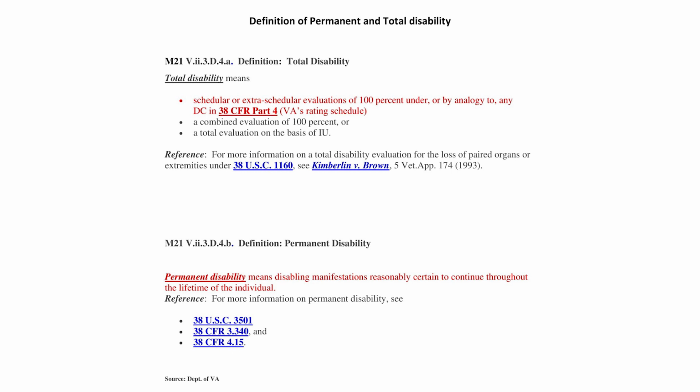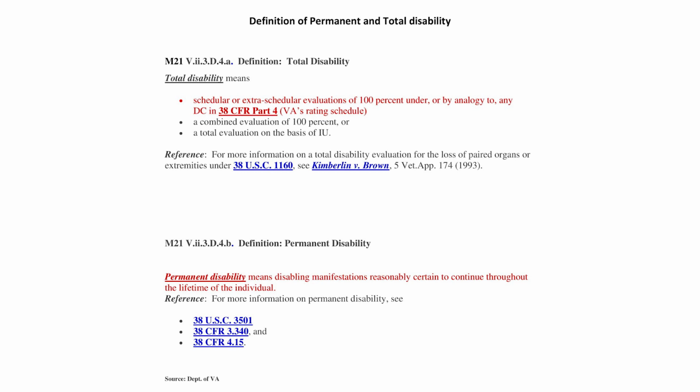If it's related to that and it's not an actual diagnosis of lumbar or cervical strain, the diagnostic code would read like this: 5299-5237. And that would be identified that way on the rating schedule, or if you went out to the VA and requested a disability breakdown letter. Okay, so that's what they mean, analogy.